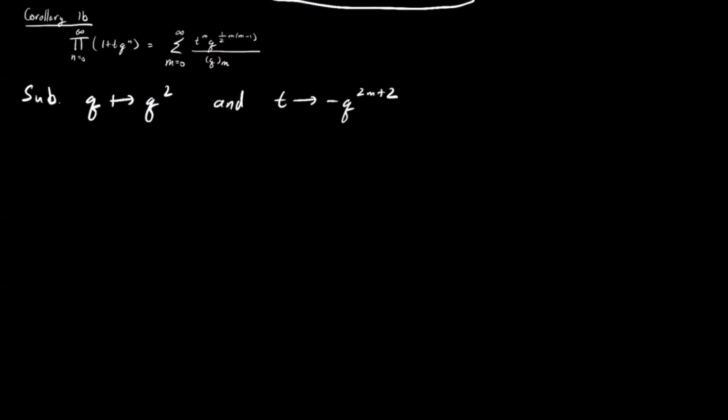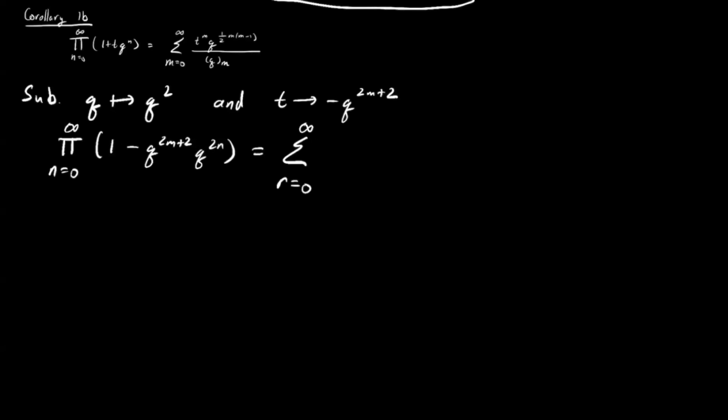So let's write this out a little bit carefully. This is going to become the product of 1 minus q to the 2m plus 2, q to the 2n, n goes from 0 to infinity. And since I'm using m over here, I'm going to use a different index of summation for the sum. I'll use r. So this will be the sum r goes from 0 to infinity.